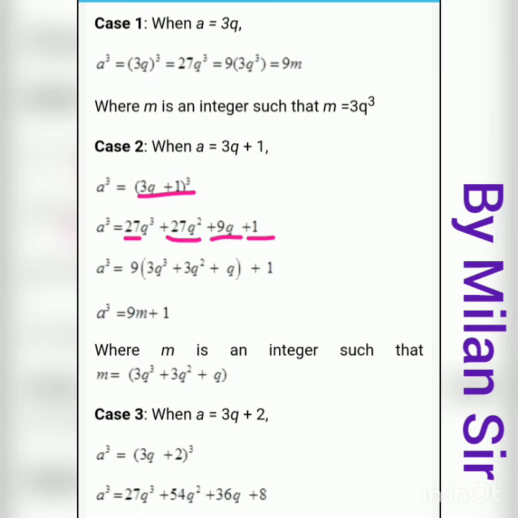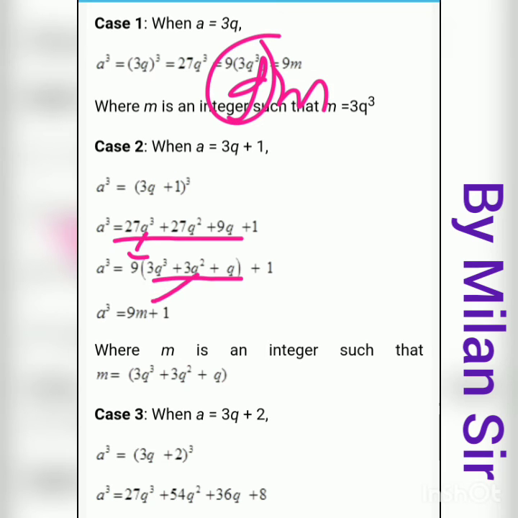Only the order is changing. Now this plus 1 is as it is, and before this, for these 3 terms we just want 9m, so we need to take 9 as a common. So this bracket is remaining. Now take m in place of this bracket, so 9m plus 1, where m is equal to 3q cube plus 3q square plus q.